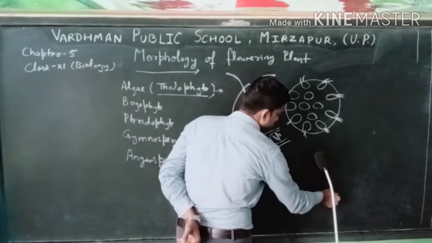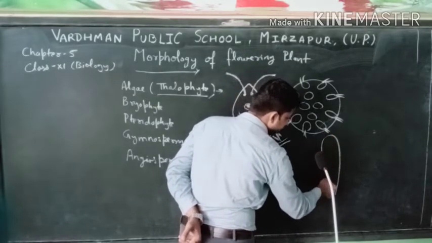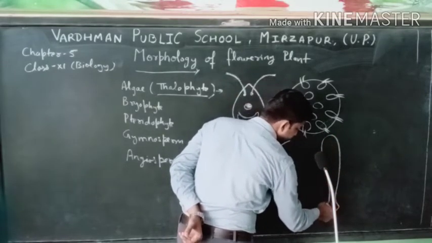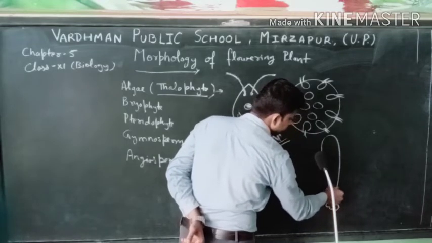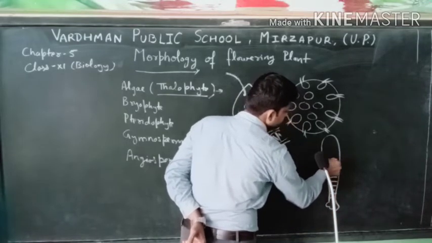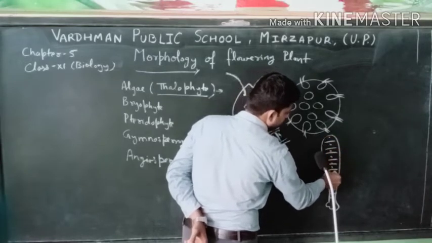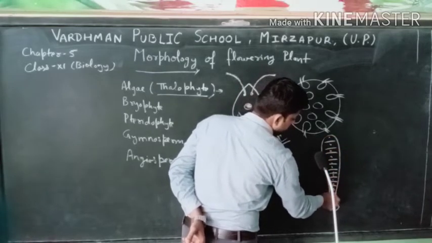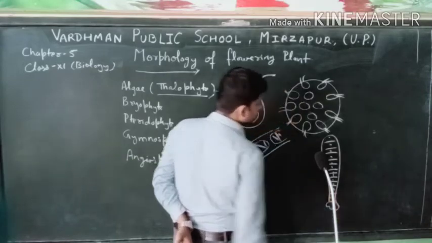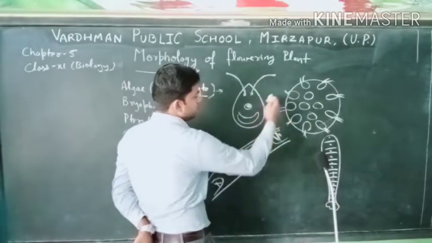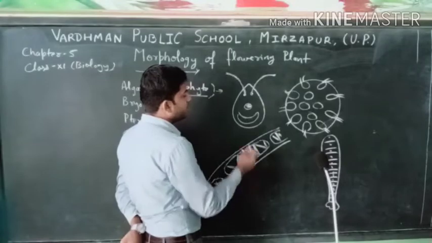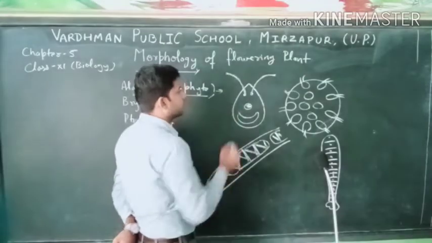Next, Ulothrix. Segmented body is present, and in each segment a number of nuclei are present. It means these all are multinucleated except Chlamydomonas.